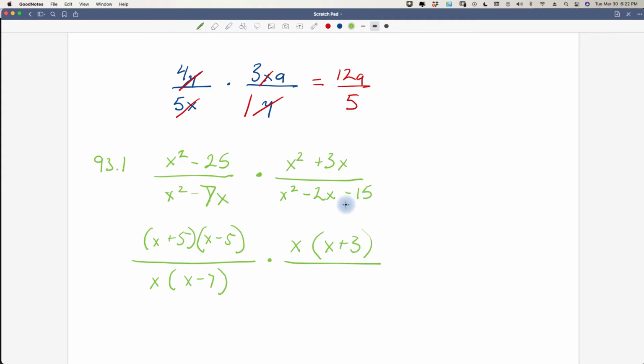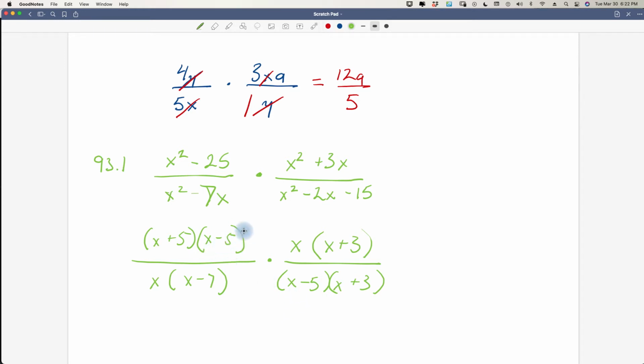Because we have x squared, we do x and x. And we have negative 15 that has to give us a negative 2. Well, the factors of negative 15 are negative 5 and positive 3. If they're combined, that gives us a negative 2. So negative 5, positive 3.